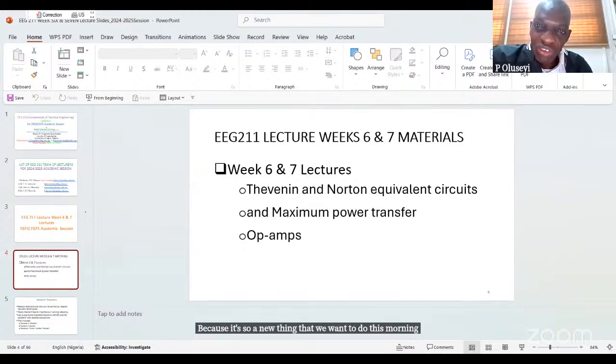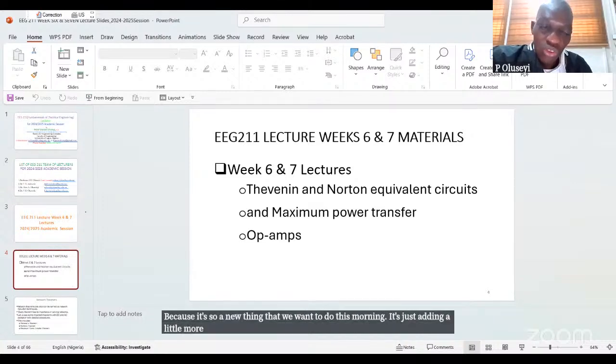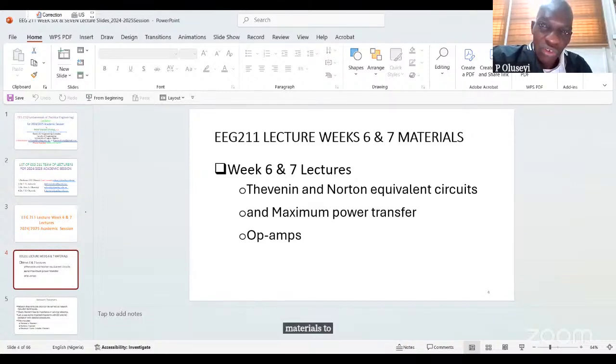It's just adding a little more materials to the knowledge of super mesh, super node, nodal and mesh analysis that you have done, as well as to your knowledge of source transformation, superposition, and linearity theorems that you already have in your kitty.